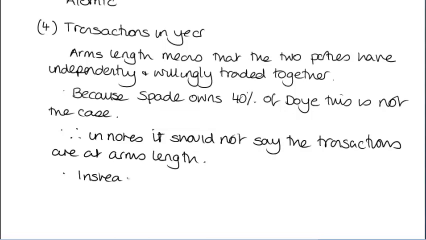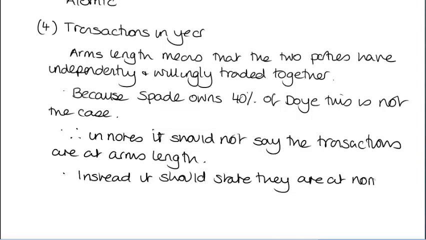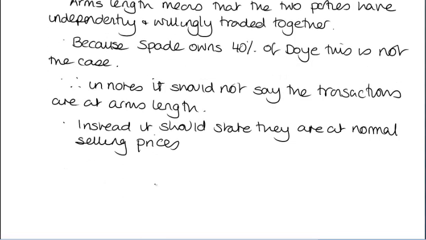Instead, it should state they are at normal selling prices. Now, I've got to be honest, ladies and gentlemen, that's a bit of a nerd point. Not many people picked that up in the exam itself when this question was set. So that's part A.